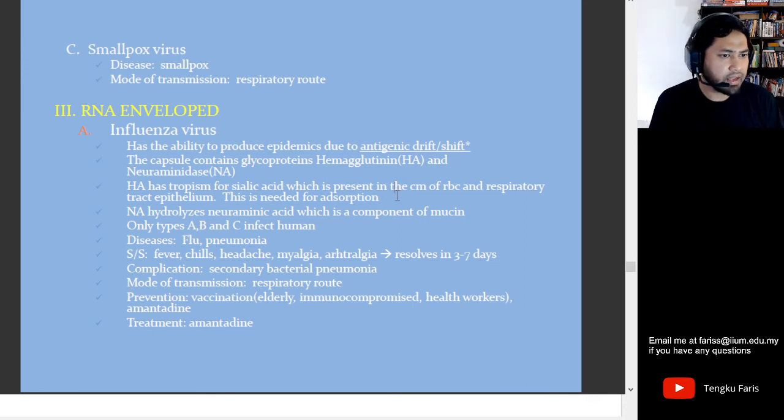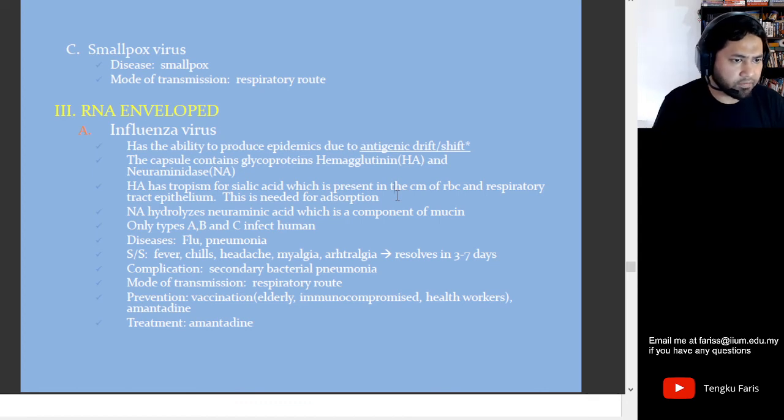So as I said, they have a special glue for this component to go and bind to the cell or to the tissue. Okay, in this case it's the cellular membrane of the RBC.